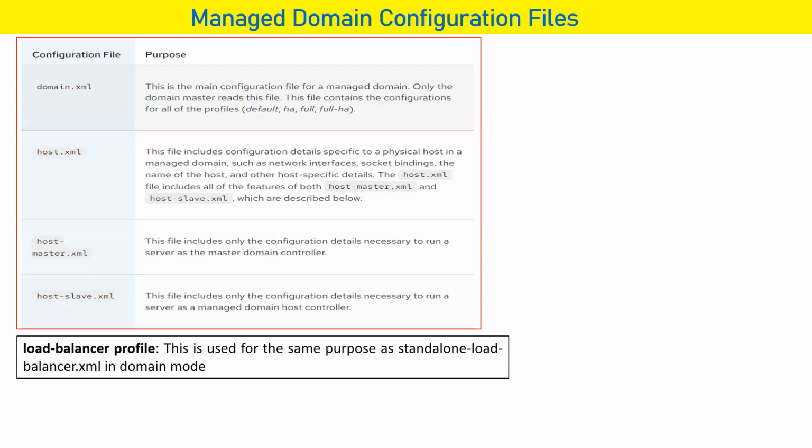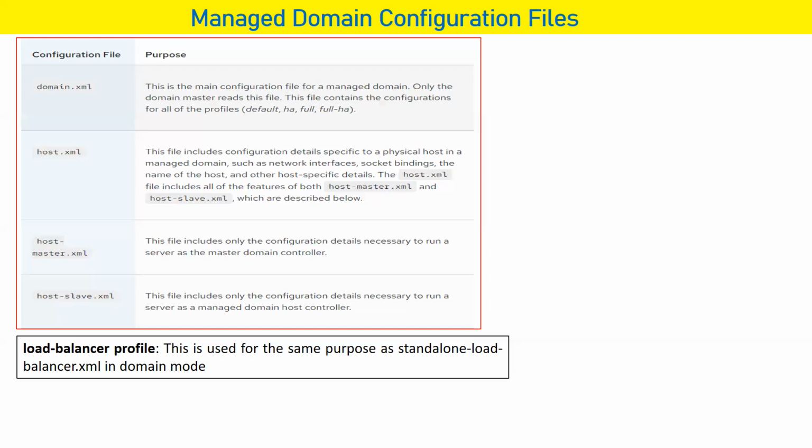And apart from that, you will have a host-master.xml file and a host-slave.xml file. These files are the same as the host.xml file. The only difference is that when we go for the configuration of the managed domain, we define one controller as a domain controller and the others as host controllers. So for easy reference, you can use the host-master.xml file for your domain controller, and the host-slave.xml file for your different host controllers.